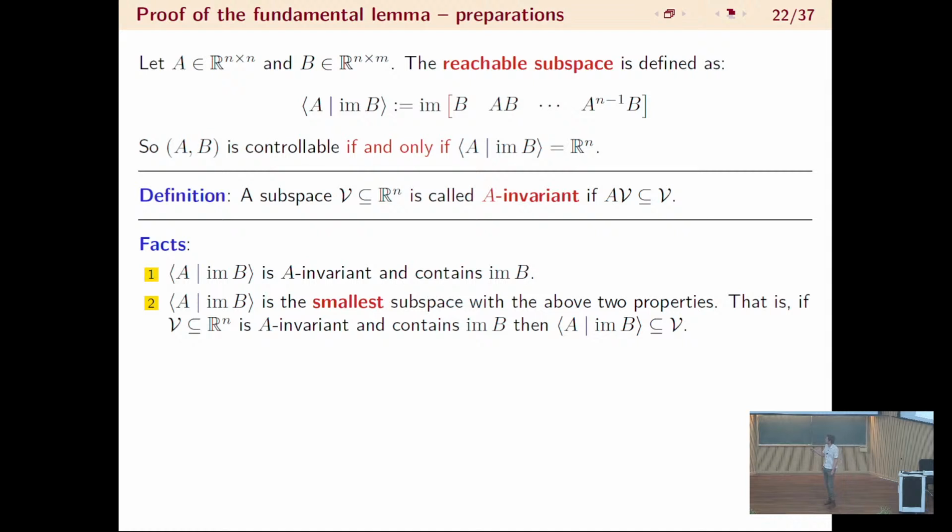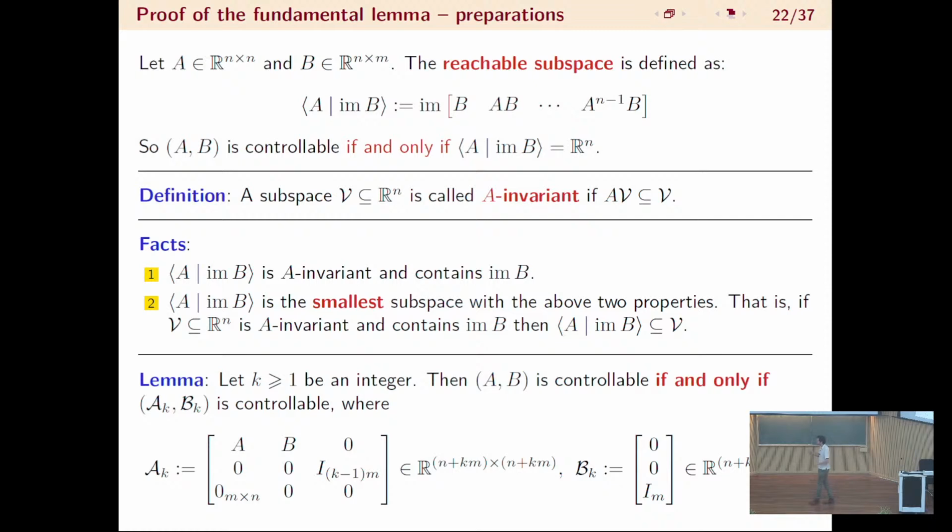Well, if I take any subspace V that is A-invariant and that contains image B, then necessarily that subspace must also contain the reachable subspace. So in that case, we say it's the smallest one.